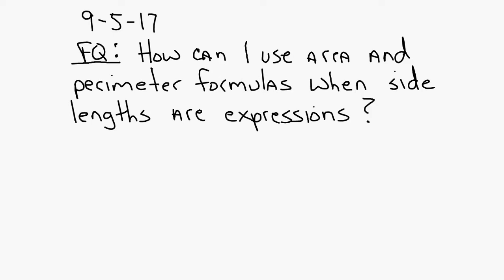How can I use area and perimeter formulas when side lengths are expressions?